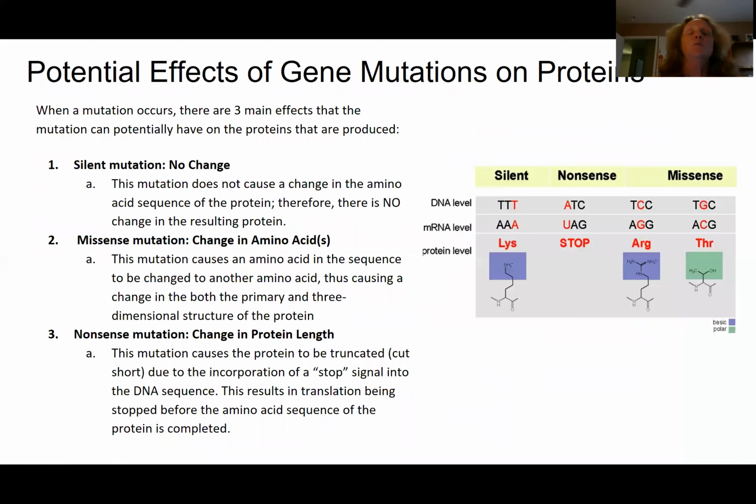All right, so potential effects of genetic mutations on protein synthesis. When a mutation occurs, there are three main effects that the mutation can potentially have on the proteins that are produced, okay? One is called a silent mutation. That means no change, okay? So that mutation does not cause a change in the amino acid sequence.